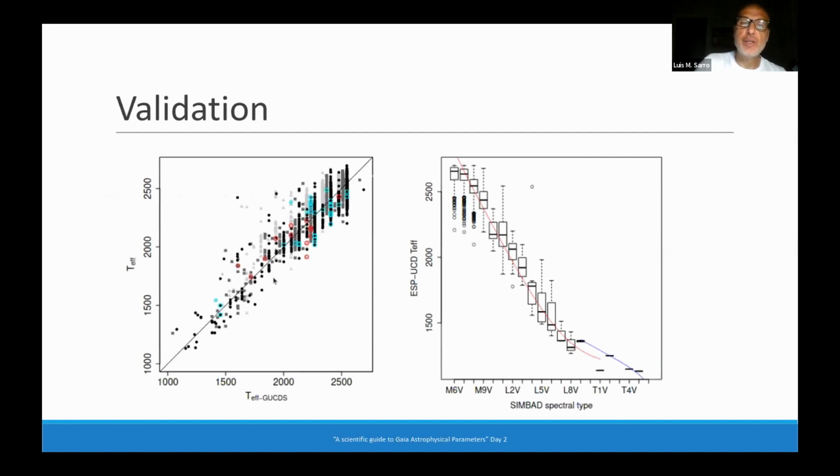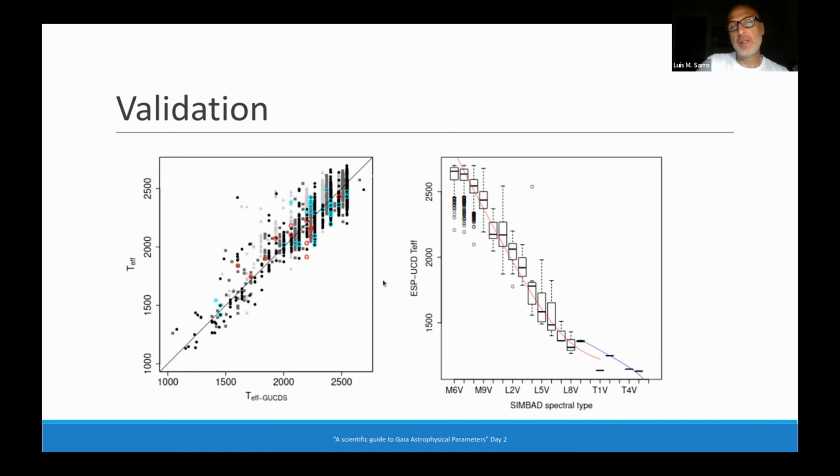Now we did validation, of course. It's difficult to do validation here. There is not much more we can do other than comparing our effective temperature predictions with the spectral types in the literature. Of course, also with the temperature for those sources that have high resolution spectra and high resolution determinations of the astrophysical parameters.